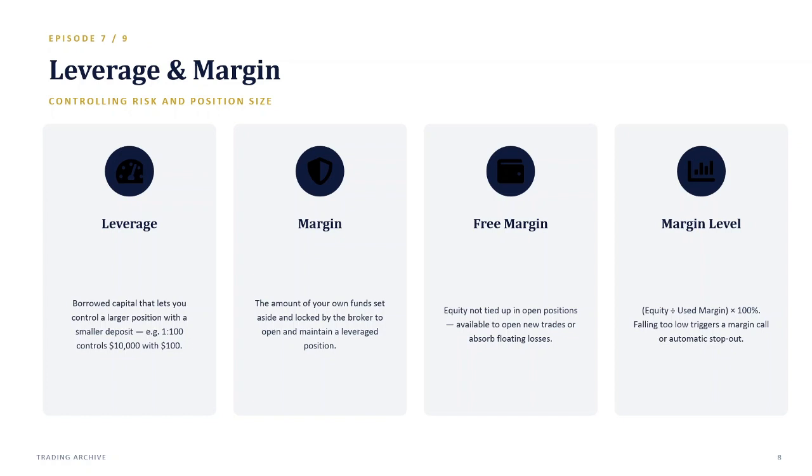Then we have the margin level. Margin level is the amount of money that we have right now, the equity, over the used margin, the money you've used to enter the trade, times 100%. It's an expression of the equity over the margin in percentage form.